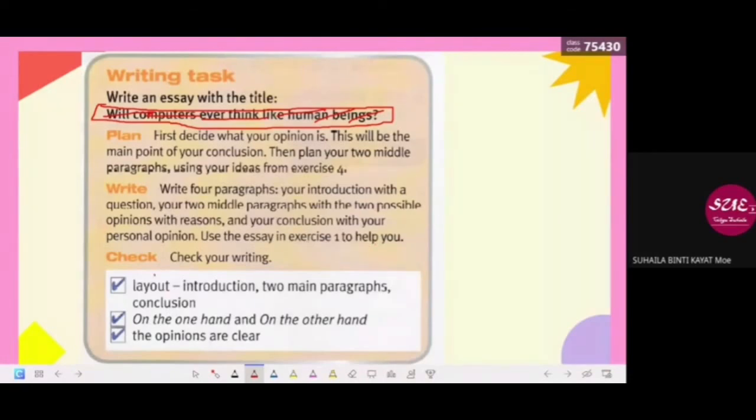Okay. Once you are done, you check whether you already have this. You have this in your essay. Alright? So, I already mentioned to you in paper 2 of your writing, you ada 2 soalan. Satu maybe your email, short answer.